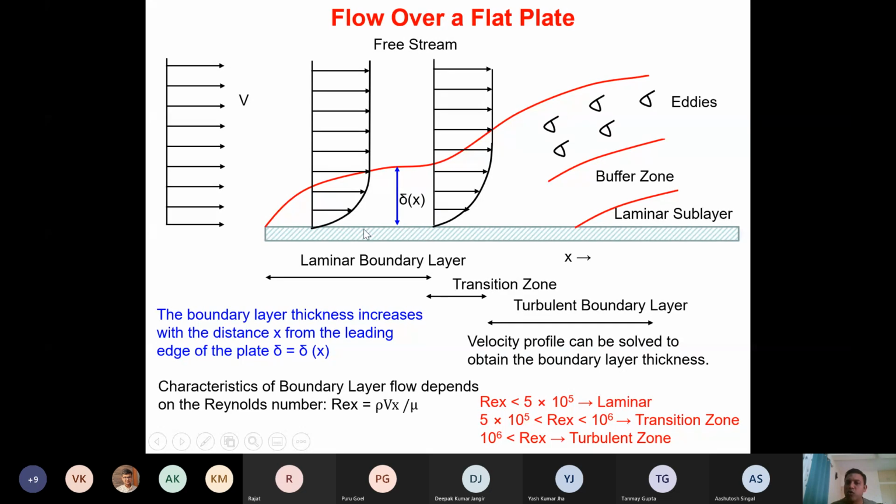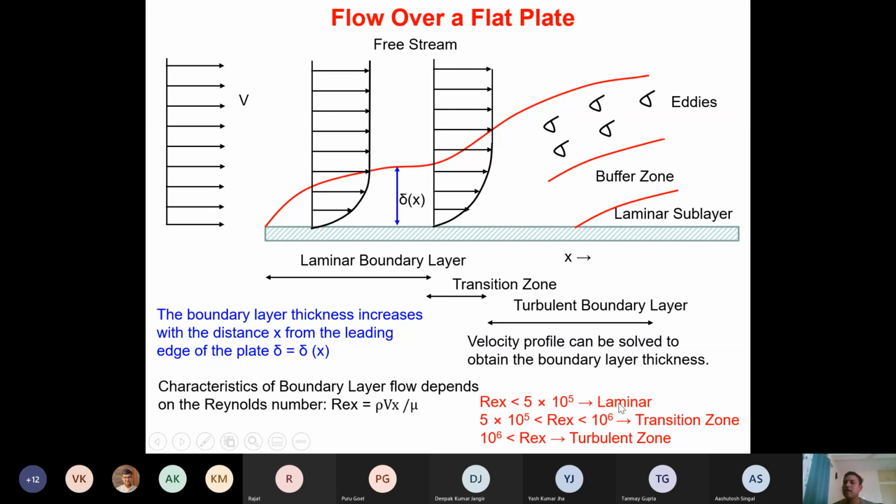And also as we move beyond the laminar boundary layer, you can clearly see that in the transition zone and the turbulent zone there are eddies and wake formations taking place, and because of this turbulence, in this particular region you are going to see a higher heat transfer rate compared to what we see in the laminar boundary layer.